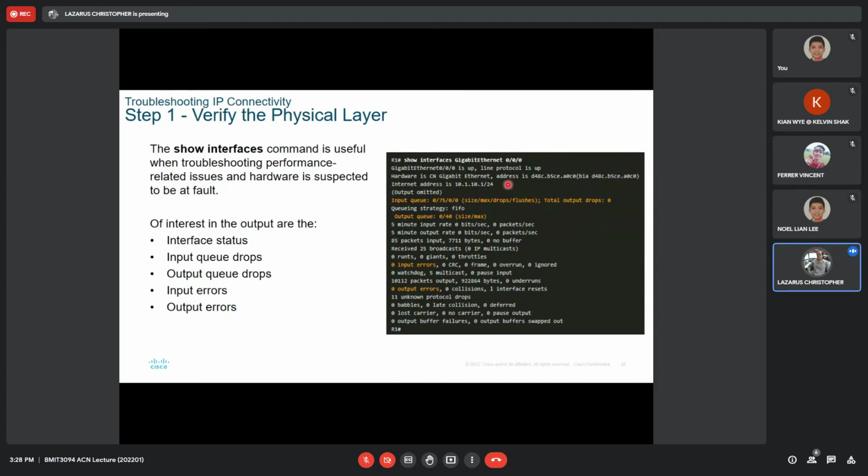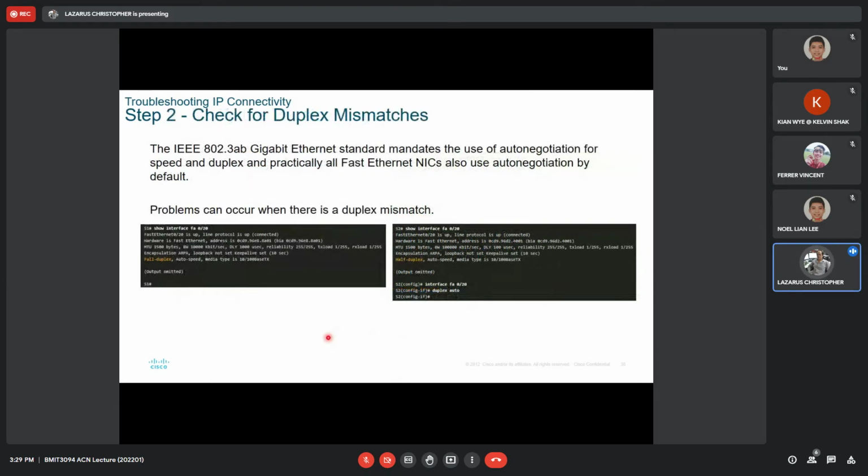Or input queue drops, output queue drops, input errors, output errors. So this indicates there's a problem with the incoming frames or incoming packets. Then step two, check for duplex mismatch.